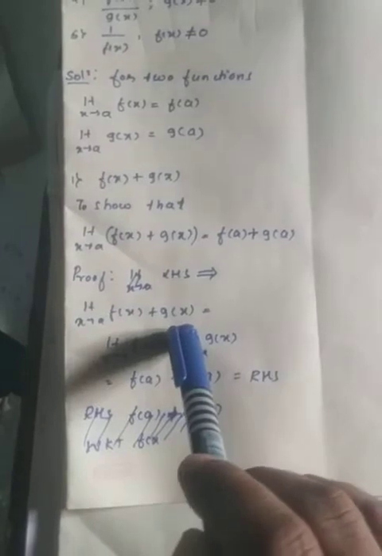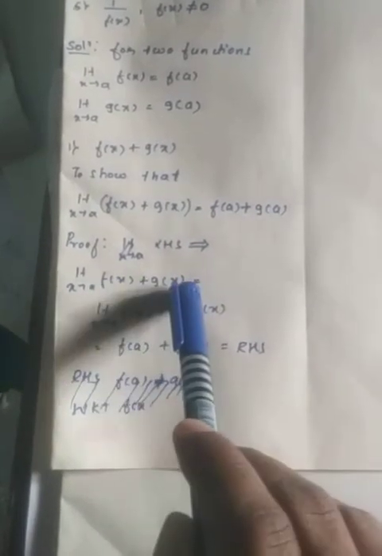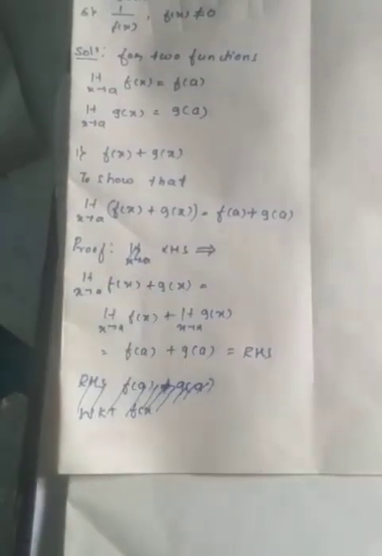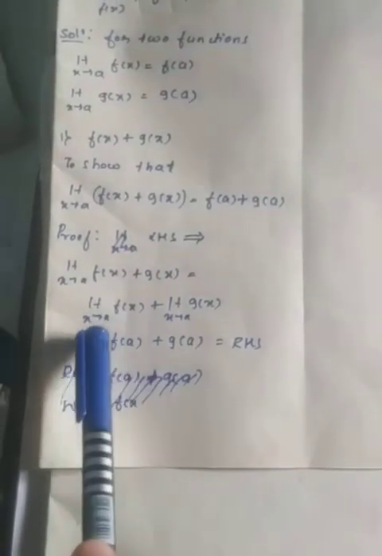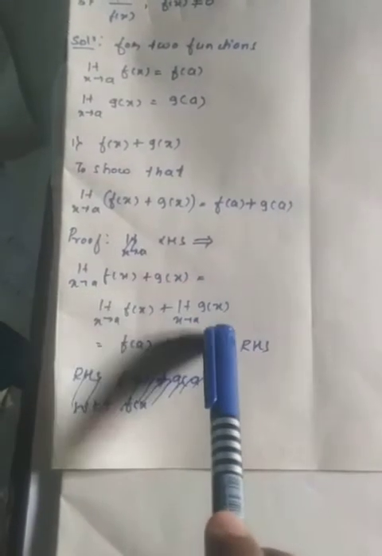So what is the LHS? Limit x tends to a of f of x plus g of x. After applying the limit, it is applied separately to both functions, because f of x is different and g of x is different. So limit x tends to a of f of x plus limit x tends to a of g of x.